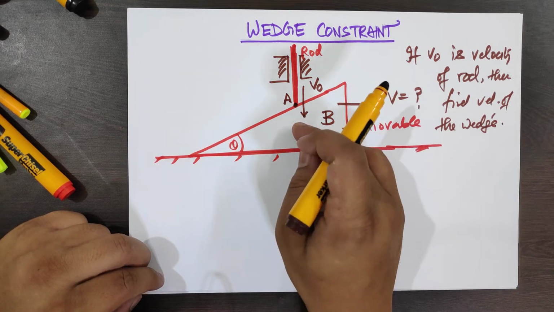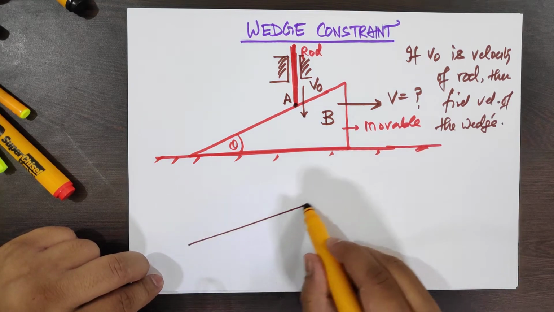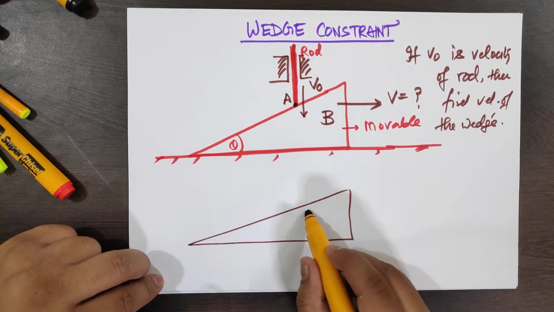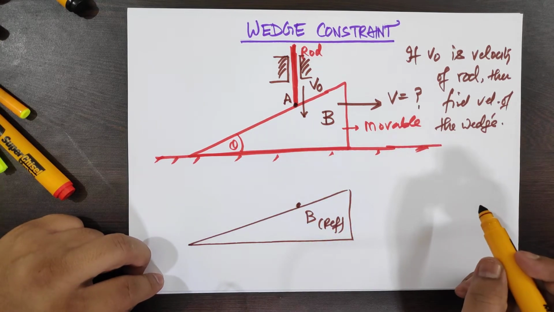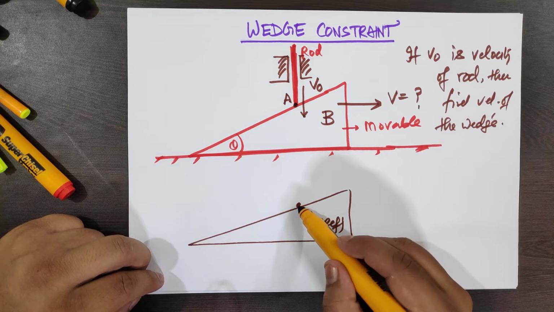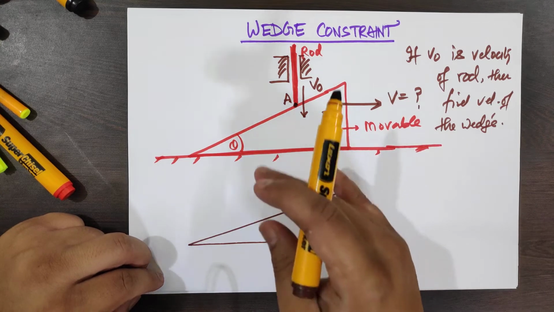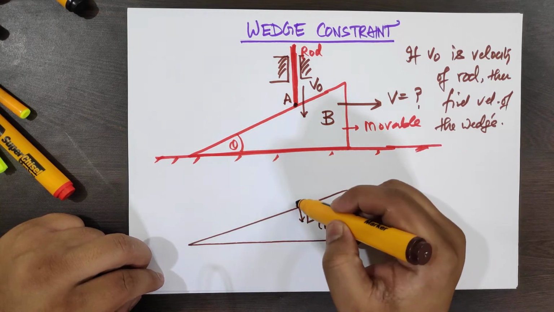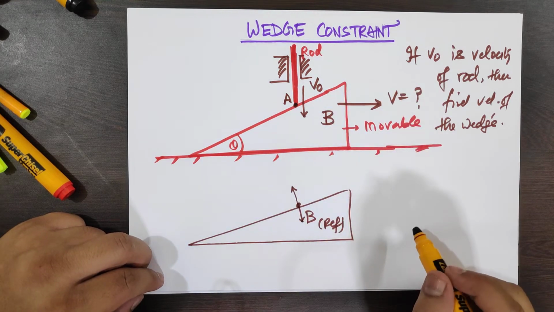That means with respect to B, if you make B the reference frame, what is the motion of this point A? See, it can't go this way, na? Going this way means it will break the wedge and go inside it. It can neither go this way, that means it will leave contact and fly.